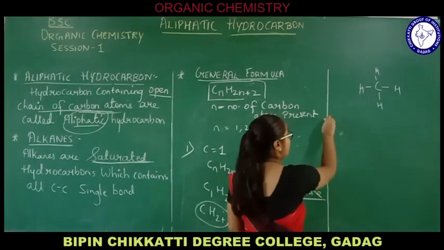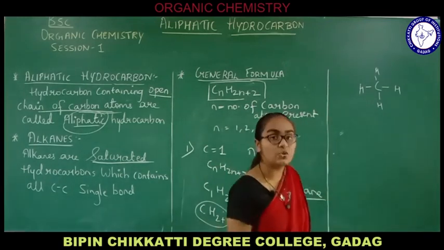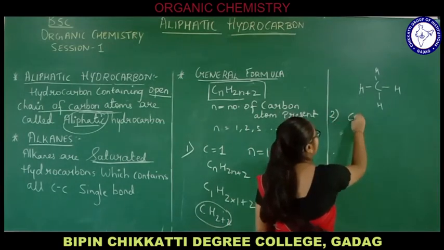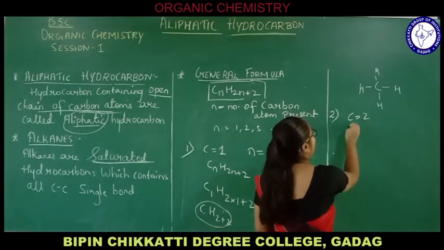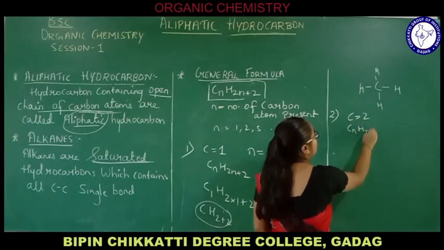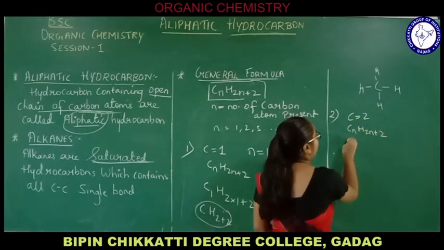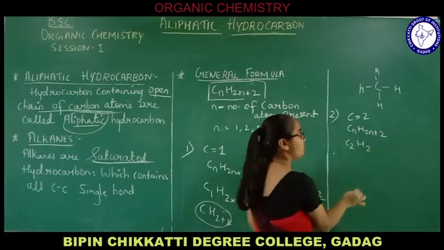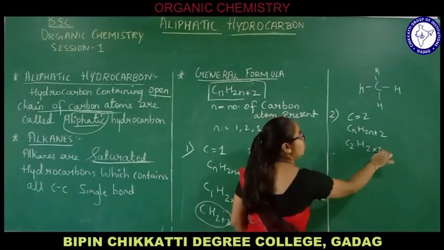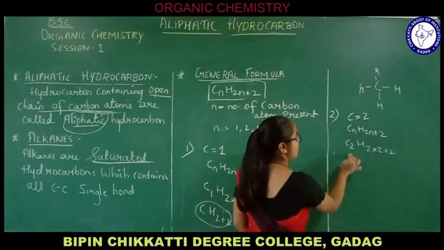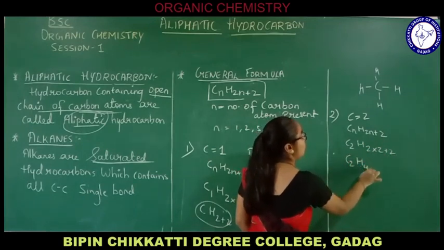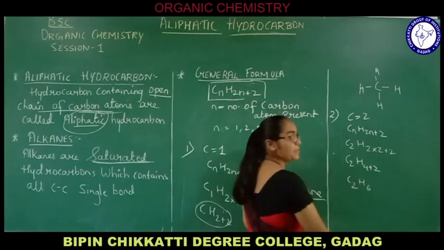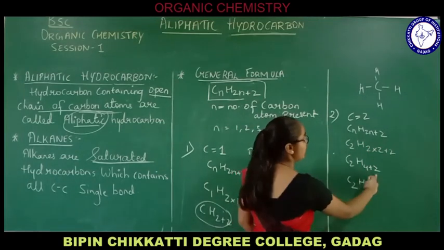Now let's go towards the second family member with carbon number 2, utilizing the same general formula CnH2n plus 2. Here 2 carbon atoms are there, so this will be 2 into 2 plus 2, so this becomes C2H4 plus 2, which becomes C2H6. 4 plus 2 is 6.